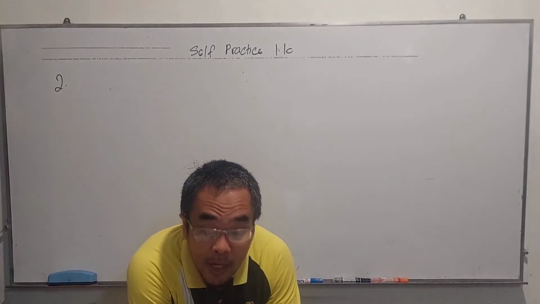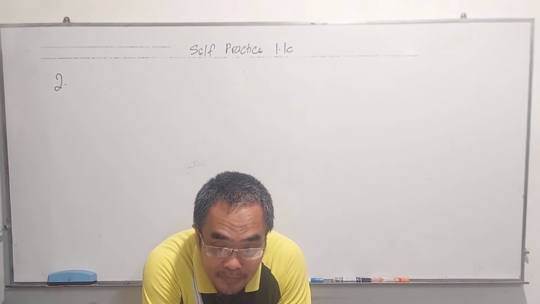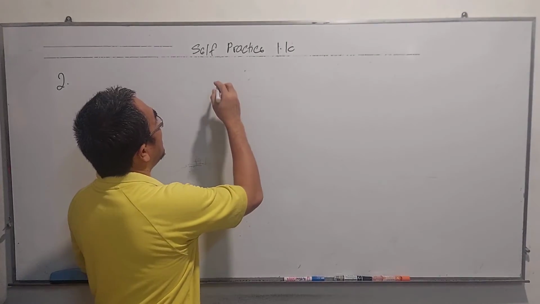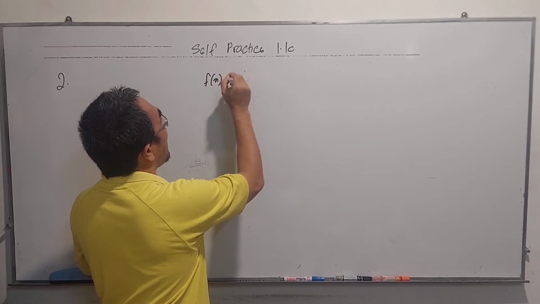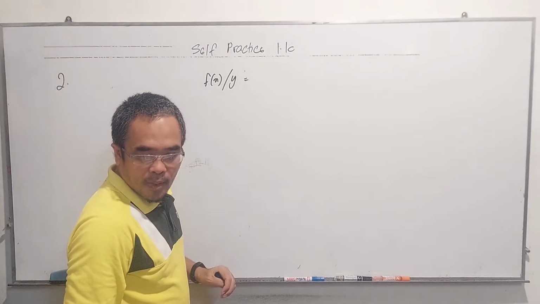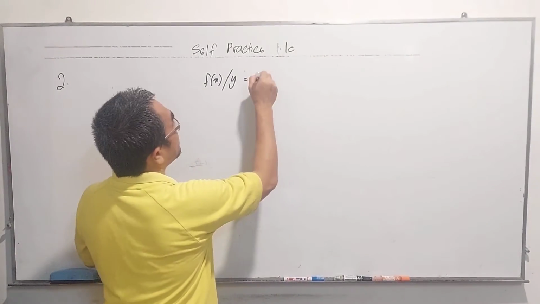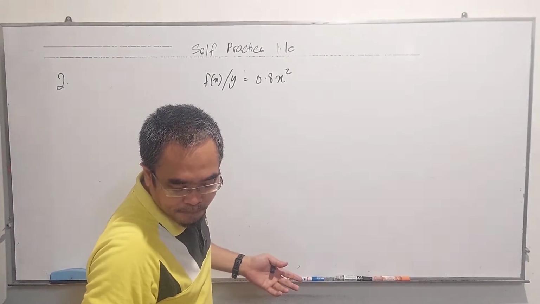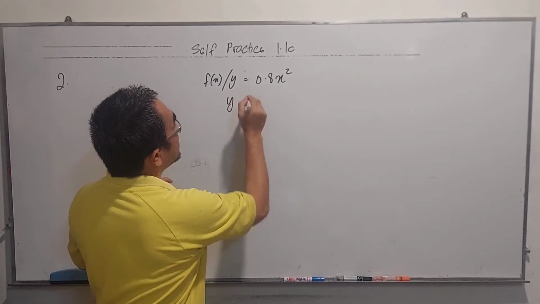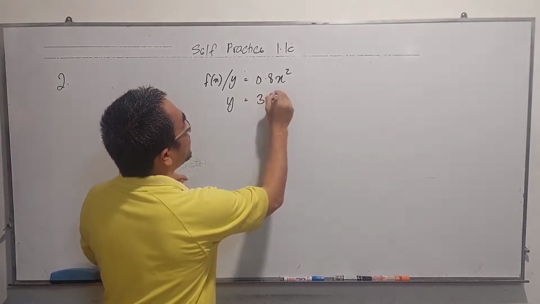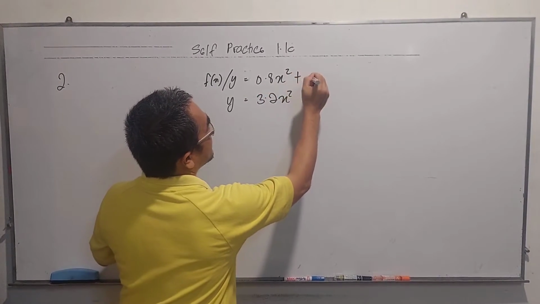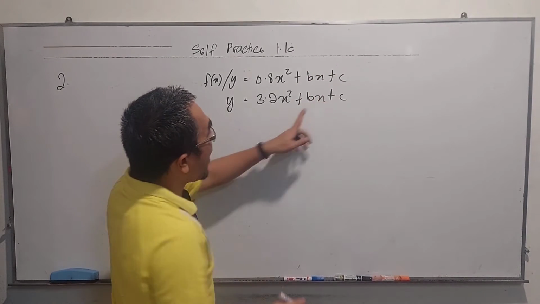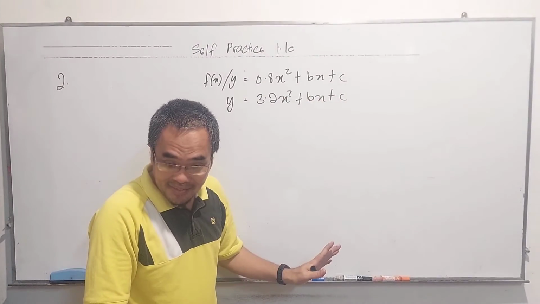If you substitute the value of A as 0.8, write down for example y equals 0.8 x squared, and another figure that is y equals 3.2 x squared plus bx plus c, where the value of b and c are constant.